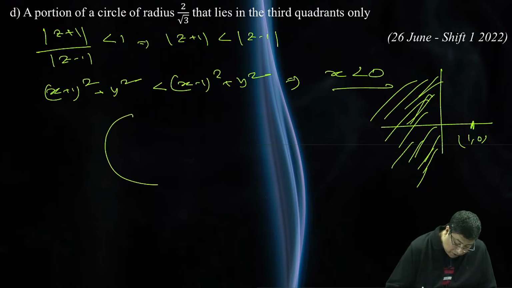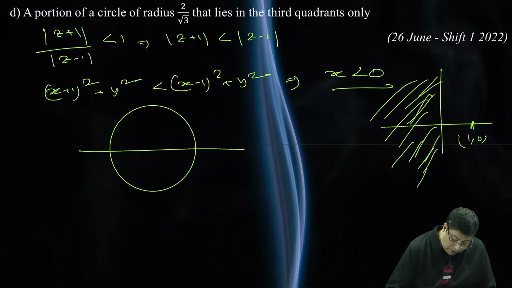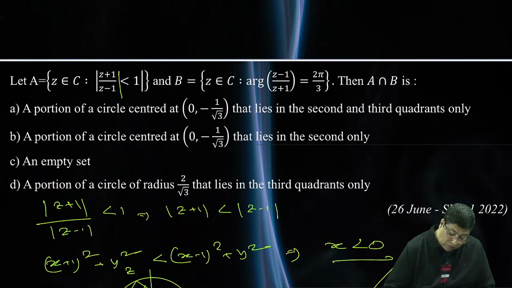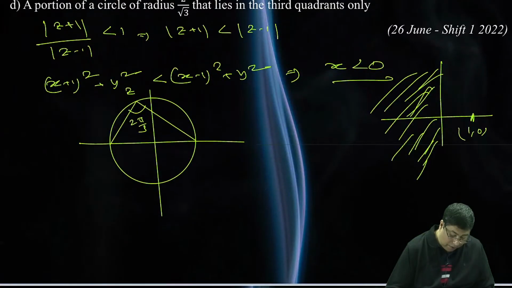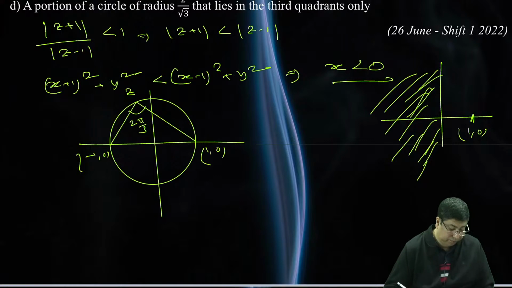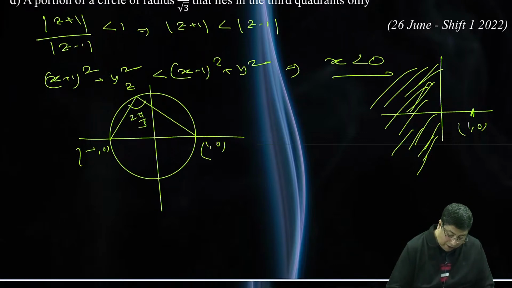Since the angle is 2 pi by 3, it is a smaller part, the arc from minus 1 comma 0 to 1 comma 0.